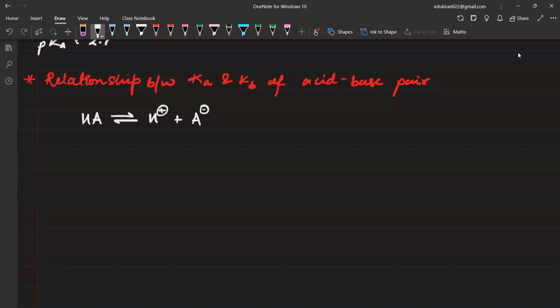Now this A negative is the conjugate base.